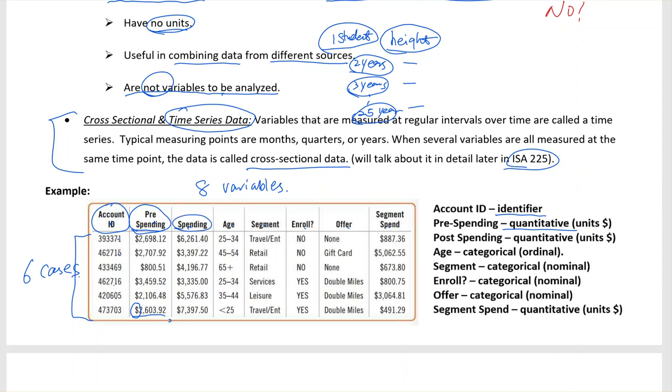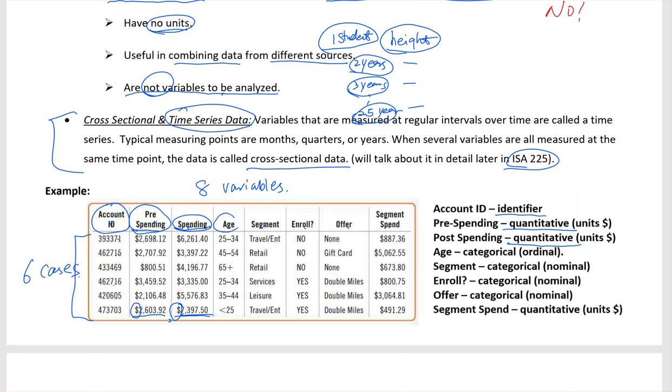It's the same thing as pre-spending: numerical values with units that measure the amount of spending. Next, post-spending will again be a quantitative variable.